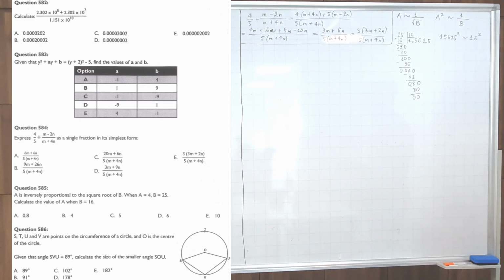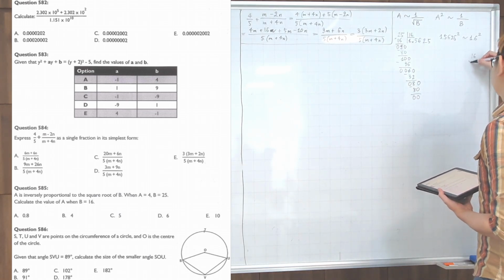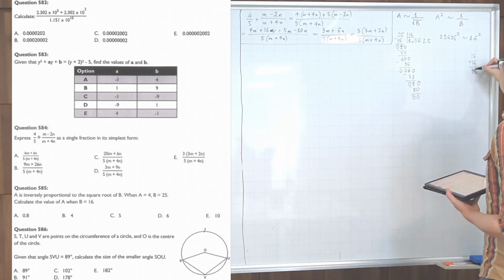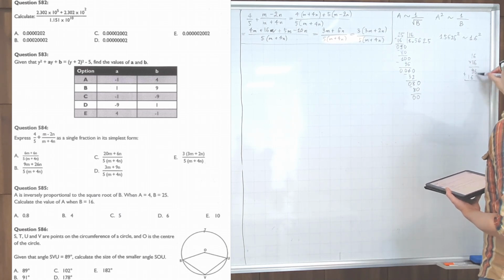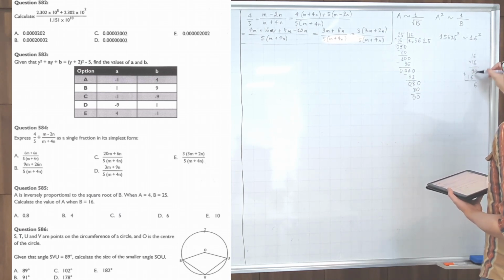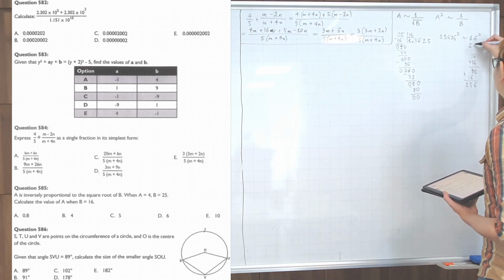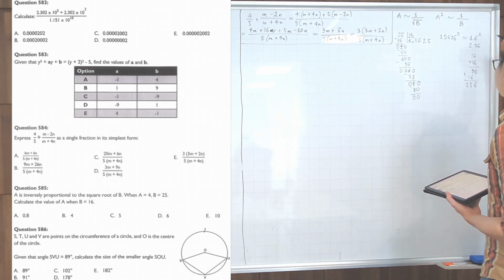Okay, 1.6 squared: 25, 16, and it's 1.6. It's like 96, and then 16. You'll have 6, 5, 256, of course. So this one is 2.56 times.